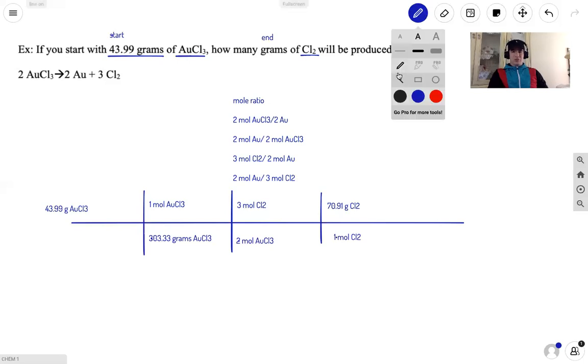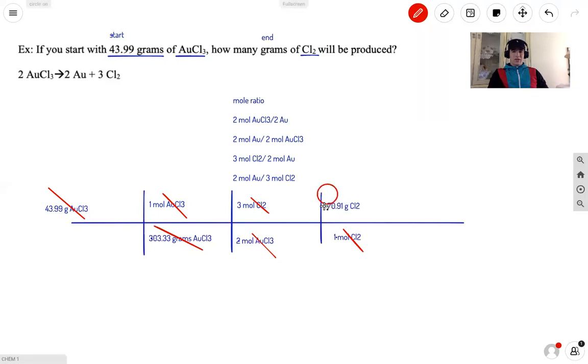So let me show you how this all cancels out. Let's do a red pen. So boom, boom, those cancel out because they're the same units. Moles of gold trichloride, moles of gold trichloride, moles of dichloride, moles of dichloride.